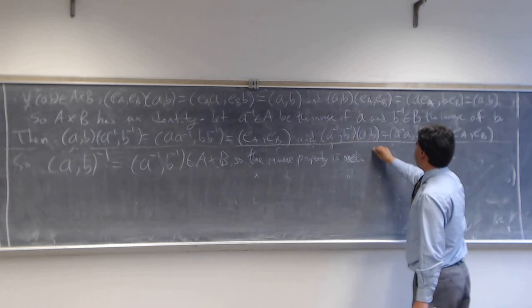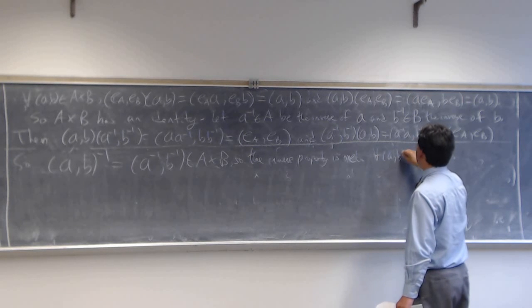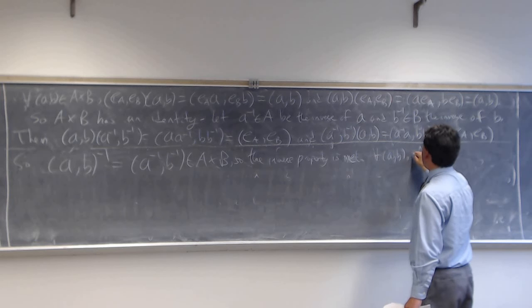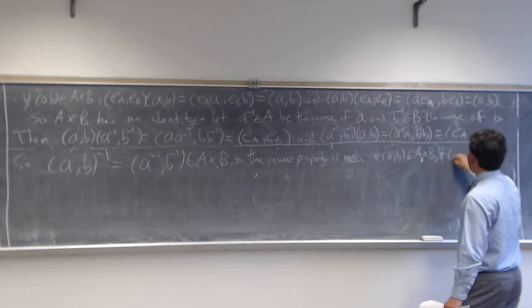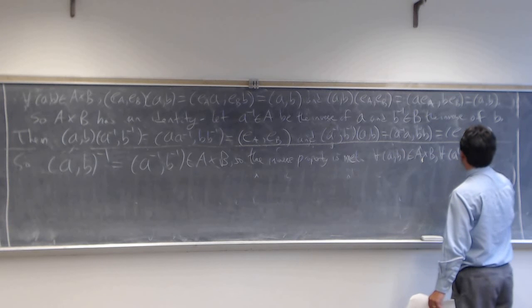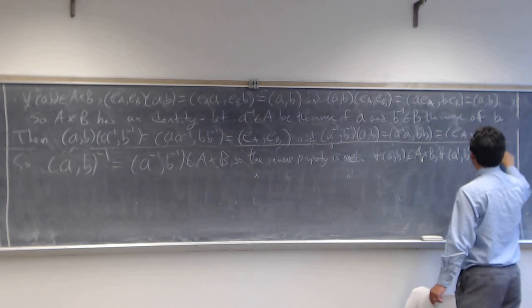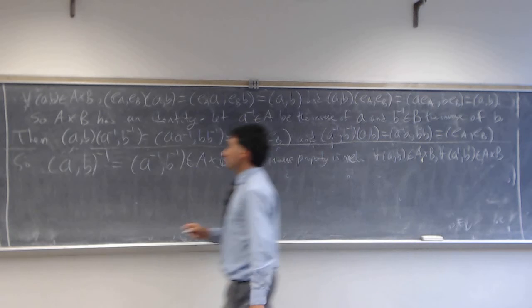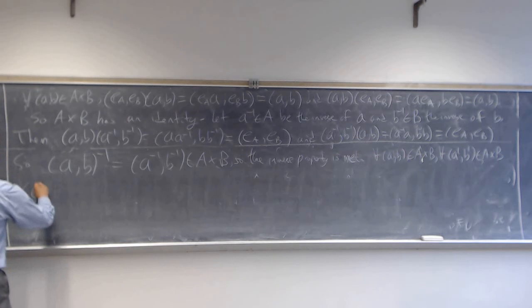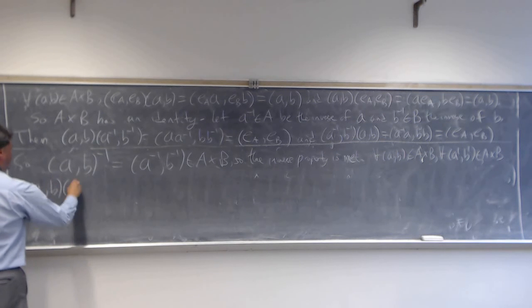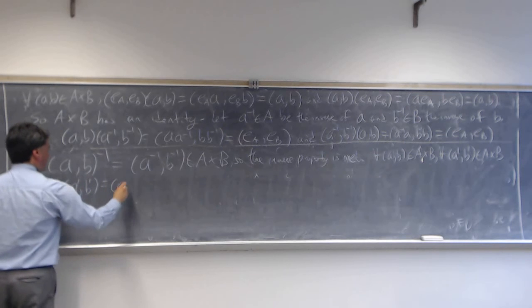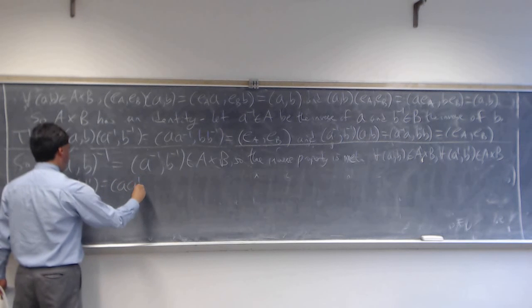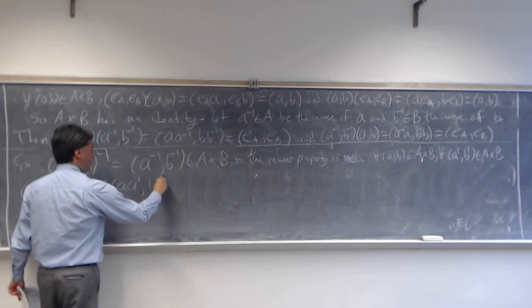Well, again, for all (a, b) in A cross B, for all (a prime, b prime) in A cross B, if we look at the product, we have (a a prime, b b prime).